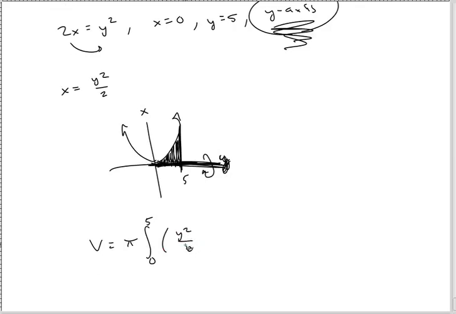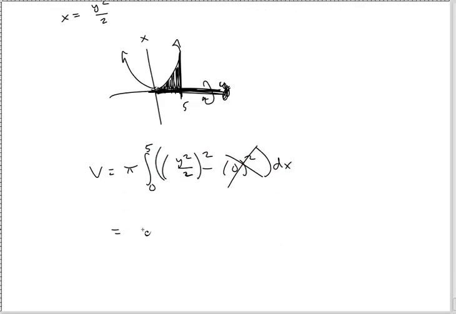Y squared over 2 is on my top. And of course, all that's squared. And my bottom is a 0, which goes away. And so now I technically have y to the 4th over 4. Why did I put a dx? That's a dy. Sorry. I make mistakes too, of course. Like, all the time.